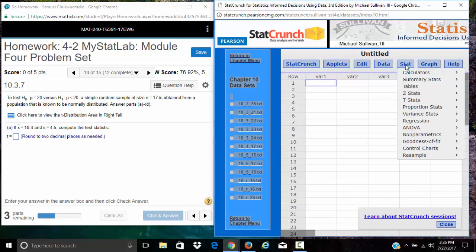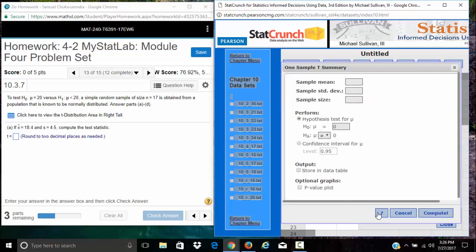Go to Stats, T Stats, one sample with summary. The sample mean is 18.4, that is your X bar. Sample standard deviation is 4.5. Sample size is 17. Test the hypothesis, population mean is 20. And then alternative is one-tailed, left-tailed.